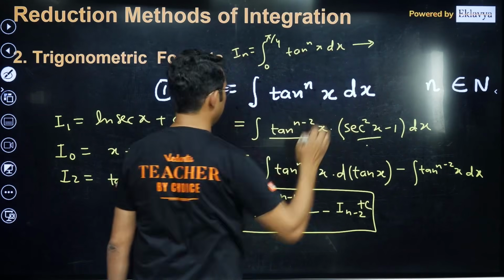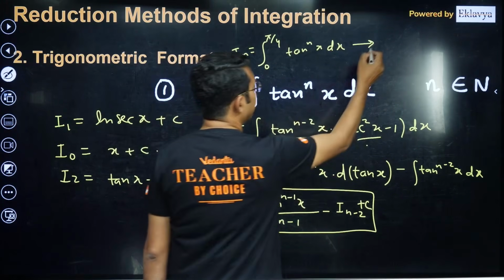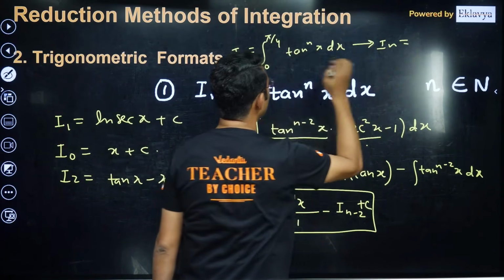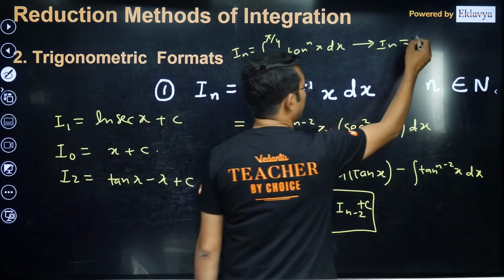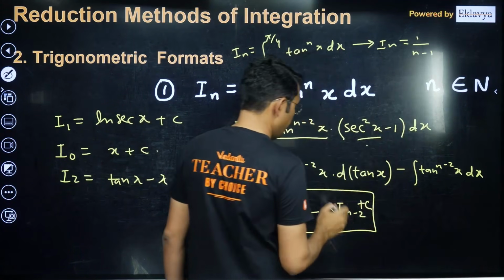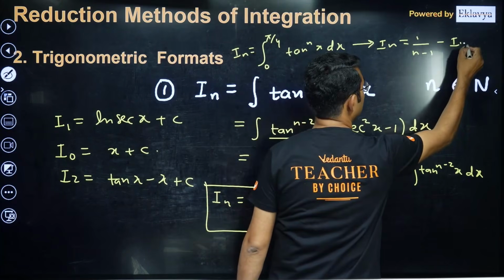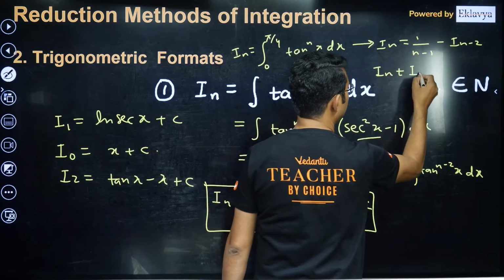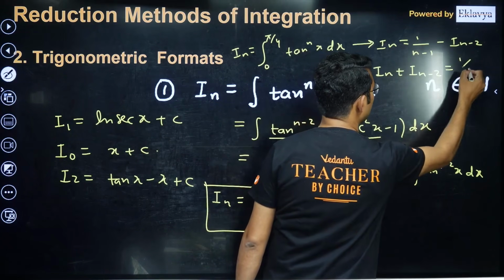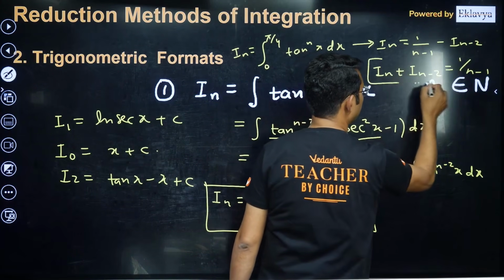In this case, this relation of In will be, because we will be putting pi by 4 here, it will become 1 upon n minus 1 minus In minus 2. So in this case, the result is In plus In minus 2 is equal to 1 upon n minus 1.